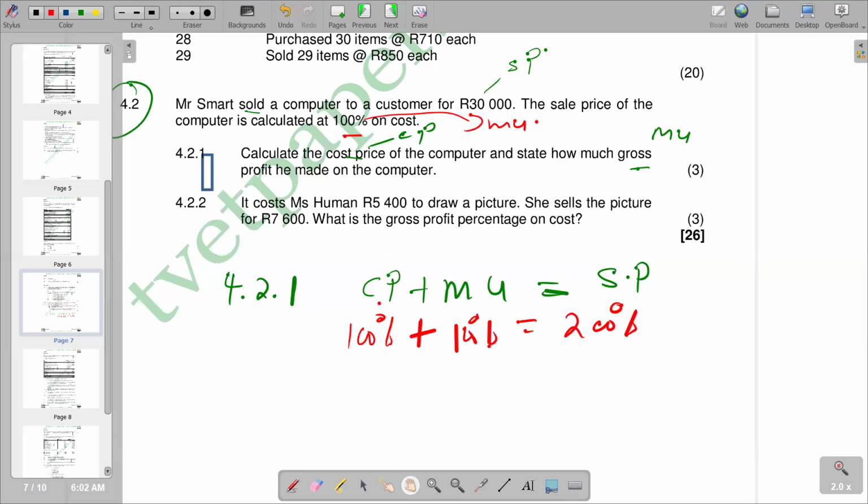So we make a simple proportion by saying our 200% is equal to the figure we are given, the selling price of 10,000. The figure we are looking for is the cost price, represented by 100%, so that is the question mark figure.